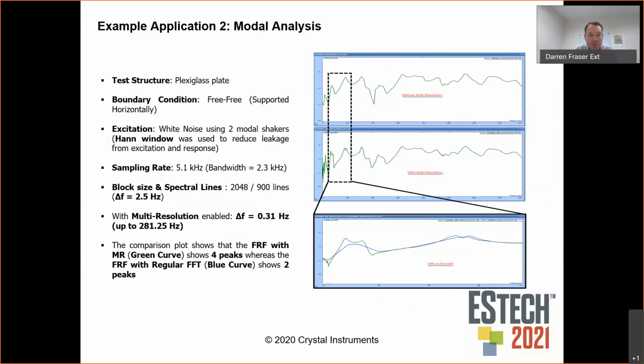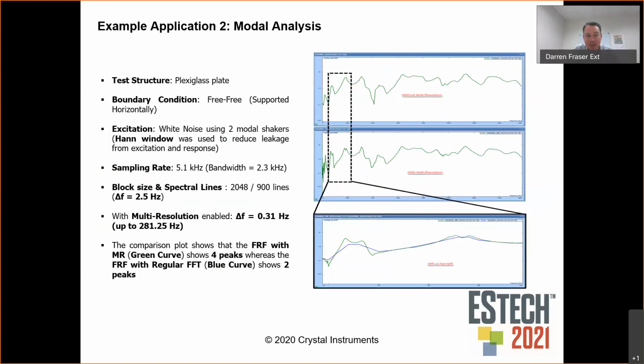So with all of that, we have a block size set to 2048 and a spectral line of 900. And that gives us a standard FFT of about 2.5 hertz. Well, if we, in like fashion, apply our multi-resolution technique, we can get a delta F, or spectral resolution, of about 1/3 of a hertz, or 0.31 hertz.